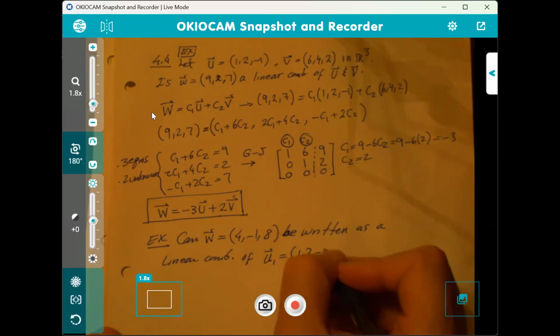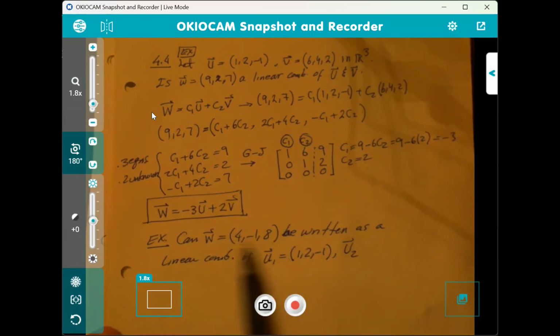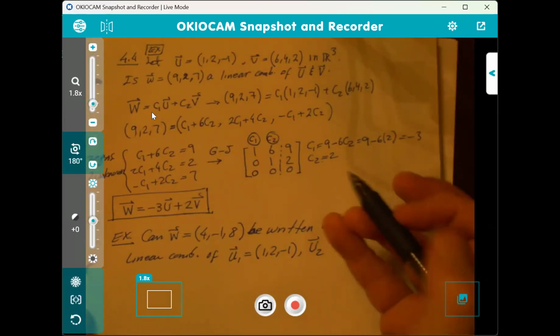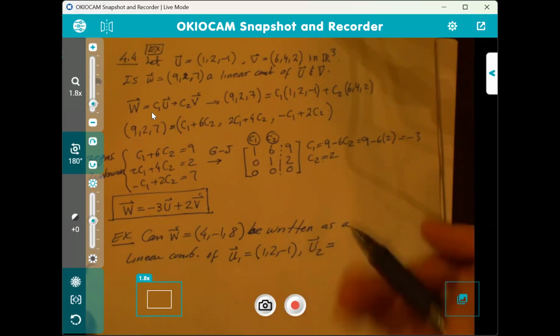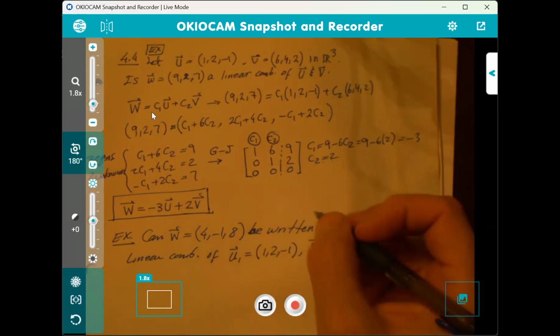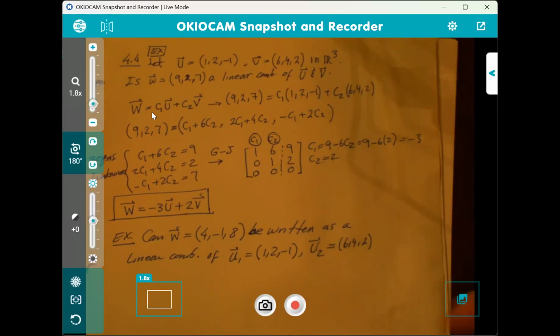Again, these vectors all belong to the parent vector space. So W is in V, the parent vector space R3. U1 is in R3, and U2 I'm about to write is in R3. Any vector you write is going to be in R3. And for U2, I'm going to go (6, 4, 2). Can this be written?